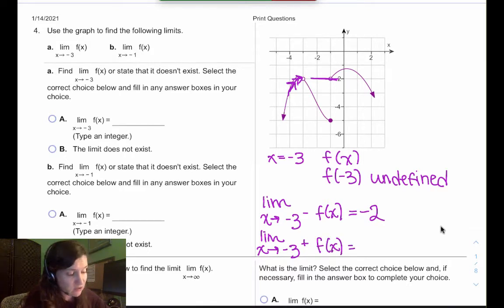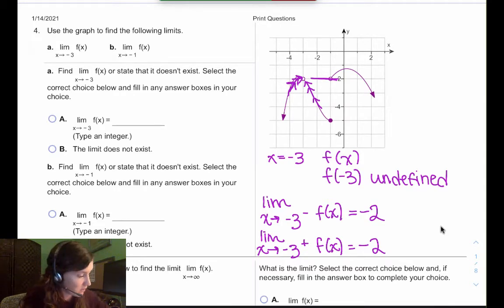Now we're going to start to the right of x equals -3 and travel along our graph, getting closer and closer to x equals -3, and as we do that, we can see that the y values are going towards -2. So that answer is the same in this case.